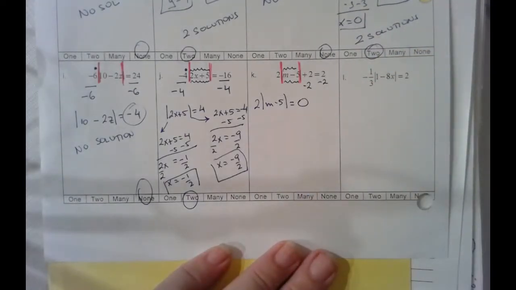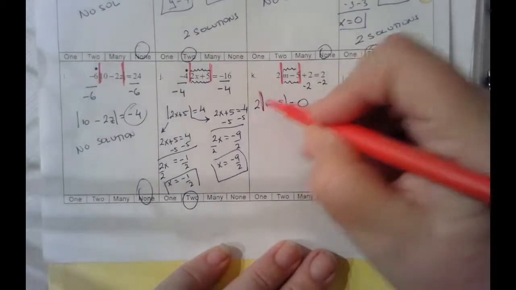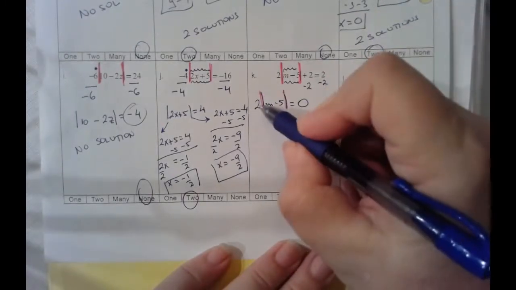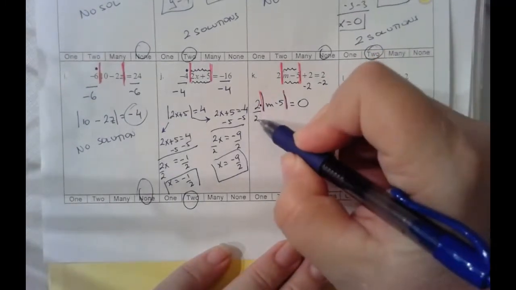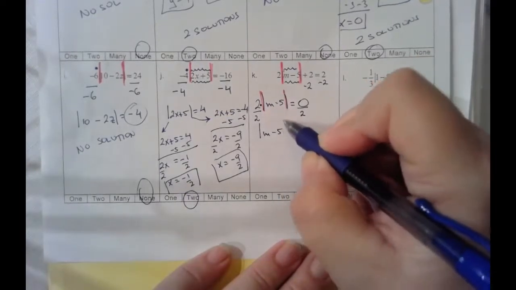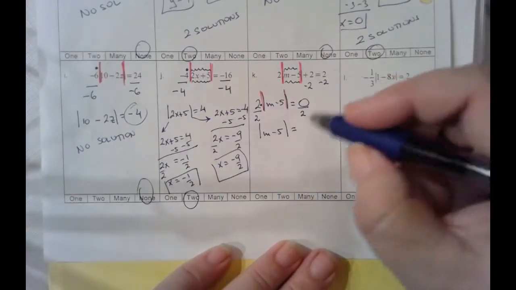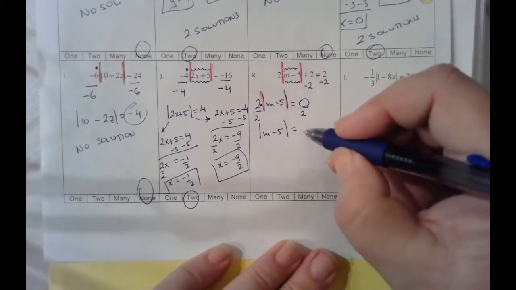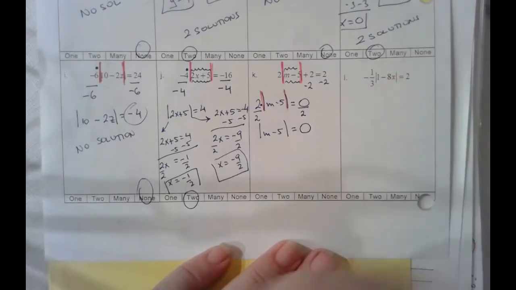So now, I notice that I still don't have my castle by itself, I can't lower the gates. I have a number in front. This is multiplication. Opposite of multiplication is division. And 0 divided by any number is what? You can put it in a calculator. If you put 0 divided by 2 in a calculator, you will get a big fat 0.